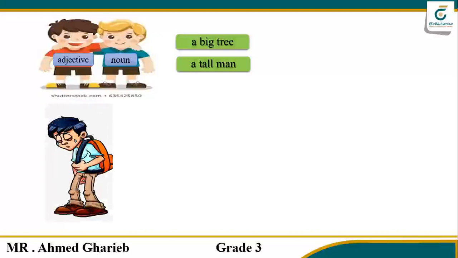Oh, who is this? It's our friend, the verb. Why do you think it is sad? Do you know why? Because the noun and the adjective are friends and the verb doesn't have a friend. That's why he is so sad. Let's search for a friend for our friend, the verb.